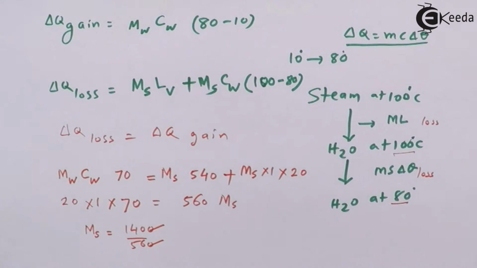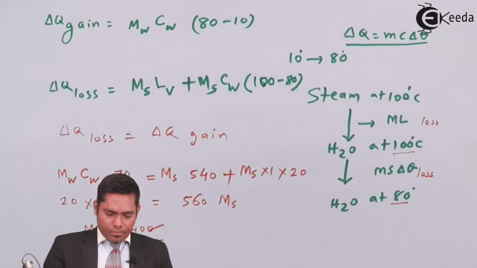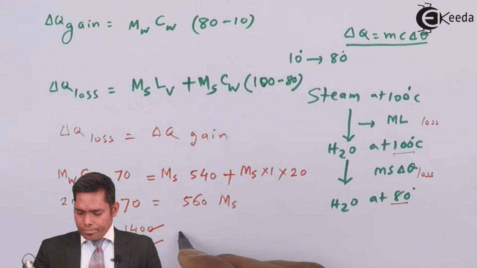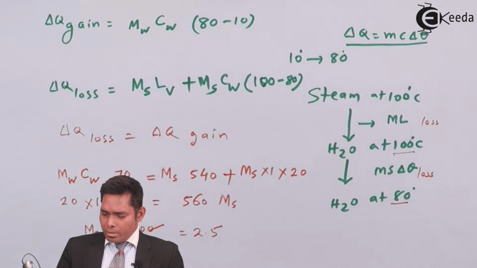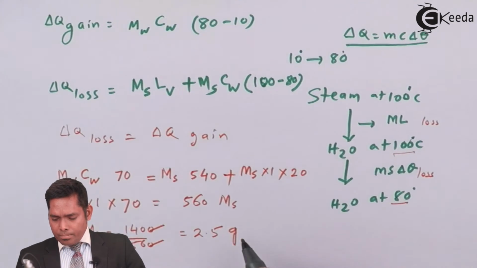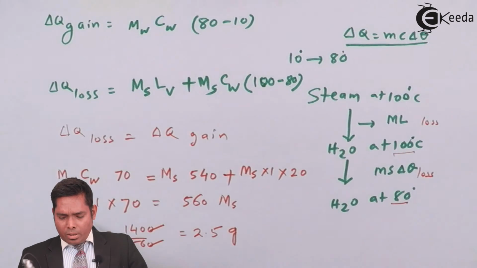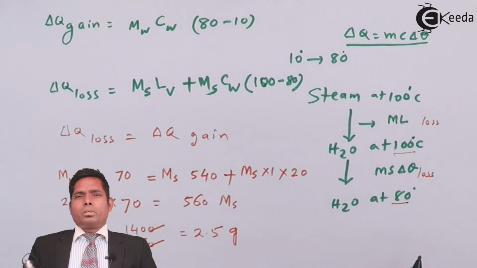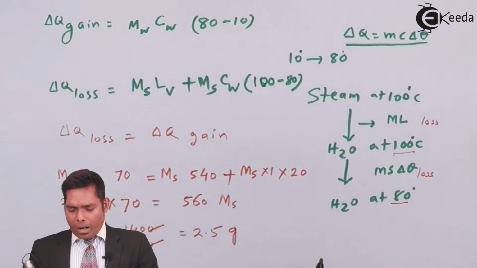If I solve this using my calculator, 140 divided by 56 comes out to 2.5. That's a pretty good number, 2.5 gram. So the mass of the steam which is converted to water at a temperature of 80 degrees centigrade is 2.5 gram.